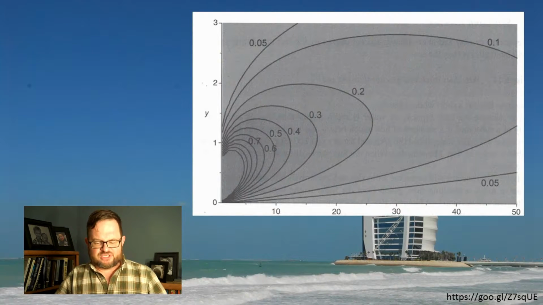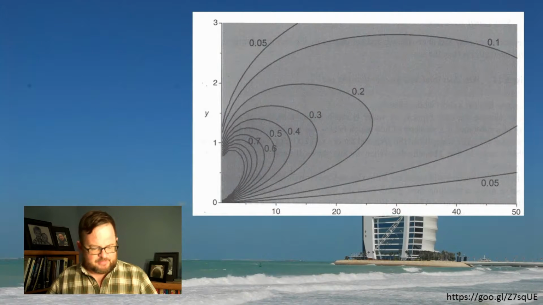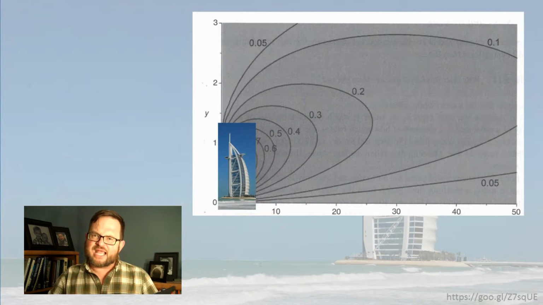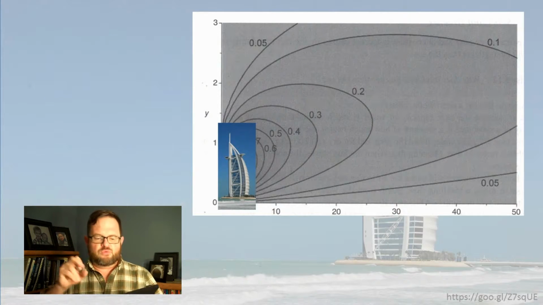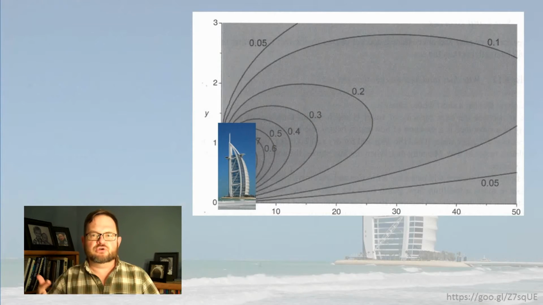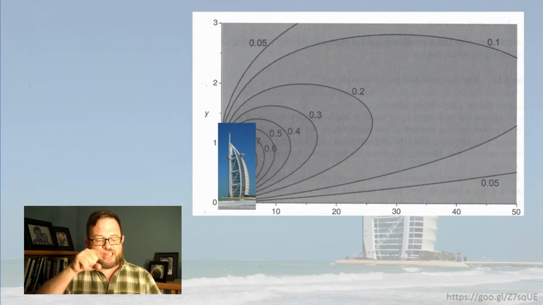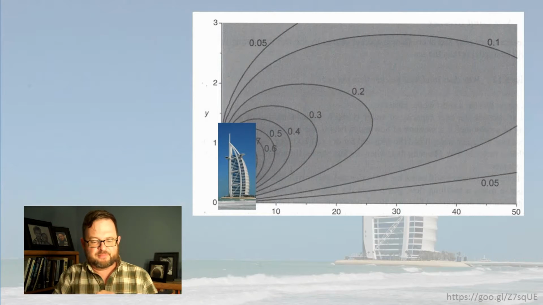And the book gives us this interesting diagram that I scanned, and it might not be entirely clear what's going on here. First off, on both the x-axis and the y-axis, these are being measured not in meters or something like that, but in terms of h. So our y-axis goes up to 3h, so up to 3 times as tall as our building.